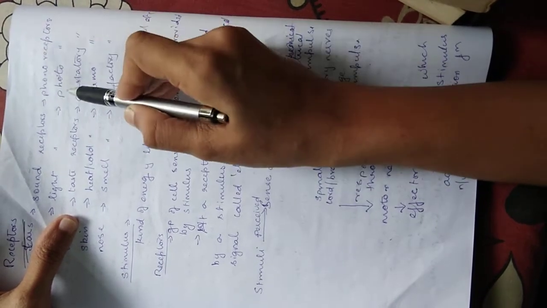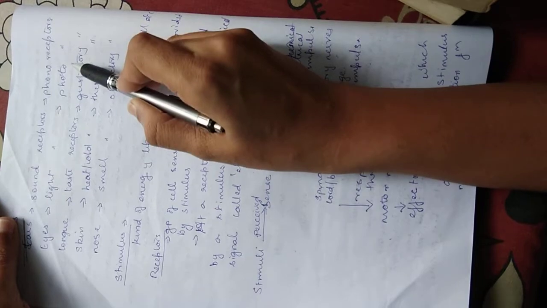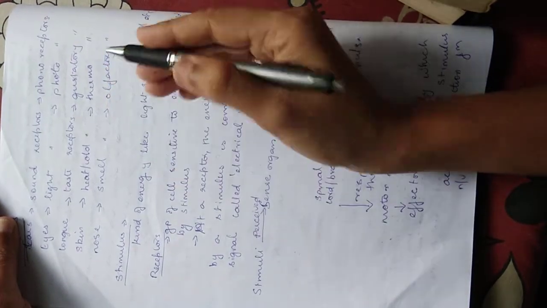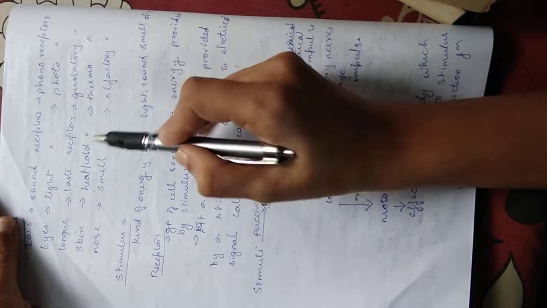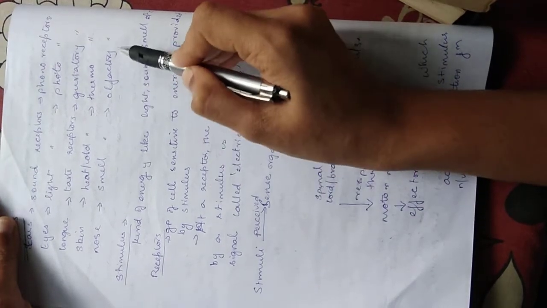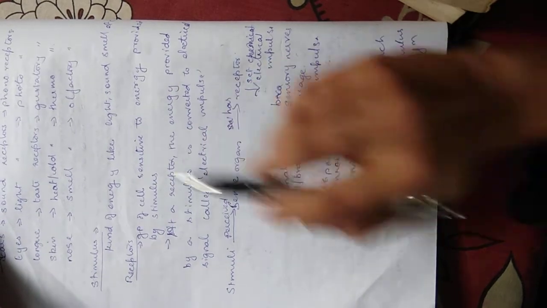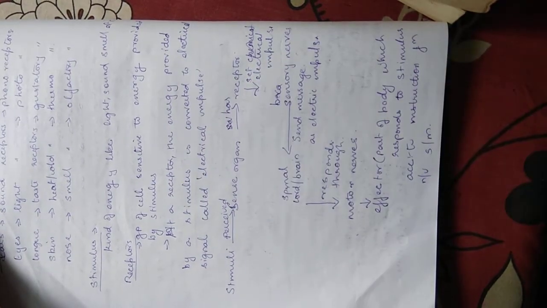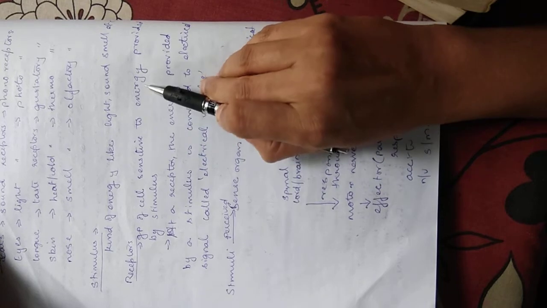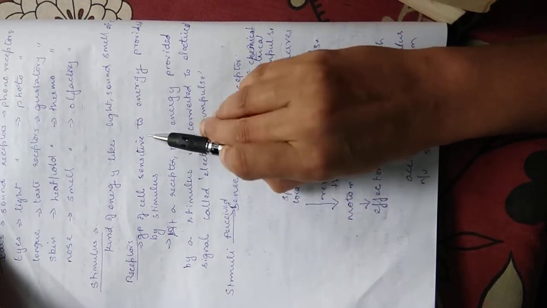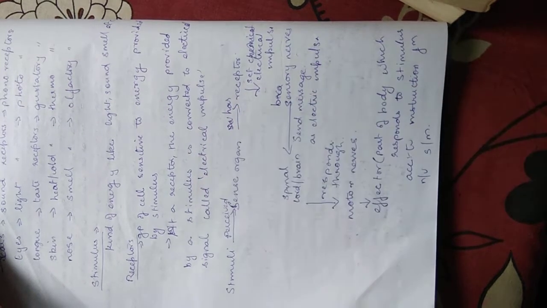When light comes, something happens in these photoreceptors. When smell comes, smell means chemicals, and when those chemicals come, something happens in the olfactory receptors. So receptors are a group of cells which are sensitive: something happens when the particular energy of the stimulus falls on the group of cells.